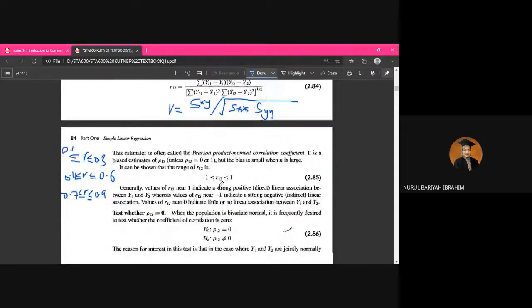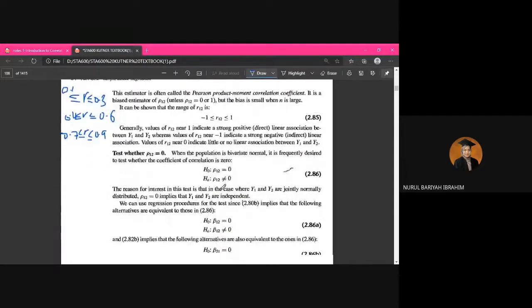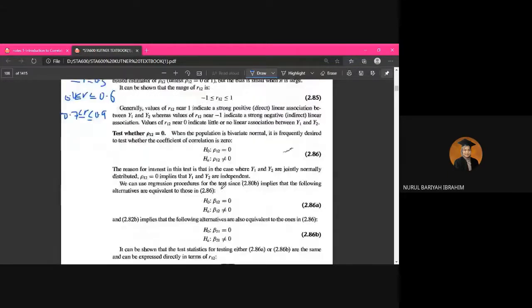Alright, so that is the value of the Pearson correlation coefficient. Then to confirm whether the linear relationship between X and Y exists or not, we can do the test. Testing for R, or rho is its notation.